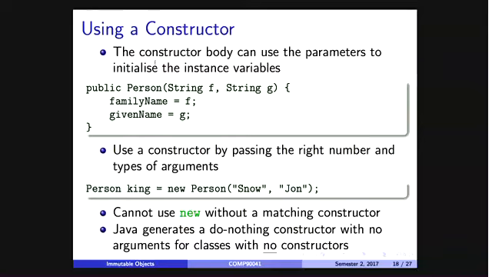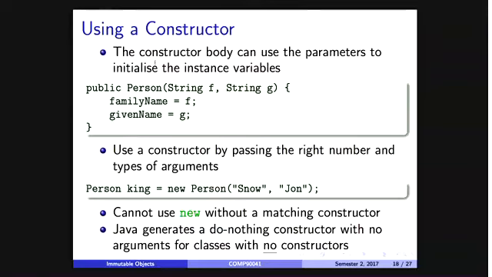So it will always call the constructor with the right number and types of arguments. In this case, we have 2 string arguments, and that matches that one. If you have constructors with the wrong number of arguments, but none with the right number for the call you're making, that's an error. The compiler will refuse to compile that program.